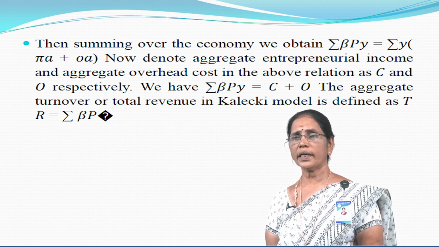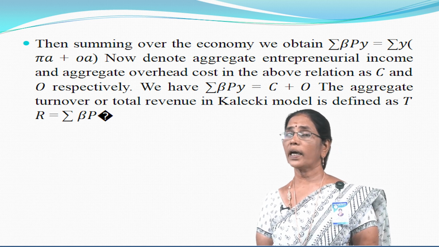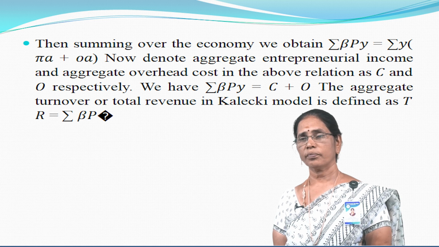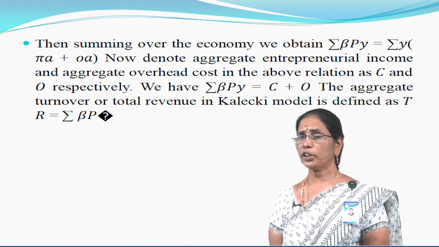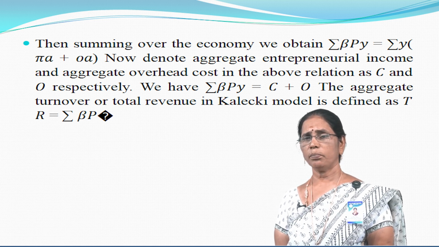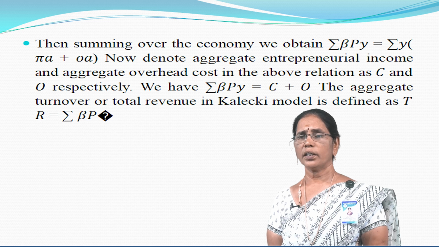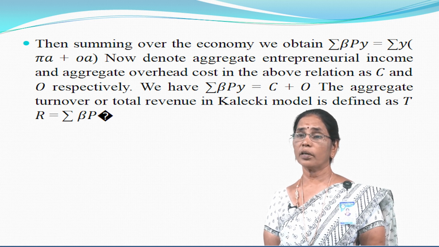Now denote aggregate entrepreneurial income and aggregate overhead cost in the above relation as C and O respectively. We have summation beta PY is equal to C plus O. The aggregate turnover or total revenue in Kalecki's model is defined as TR is equal to summation of PY.